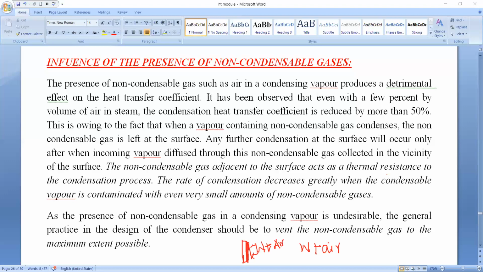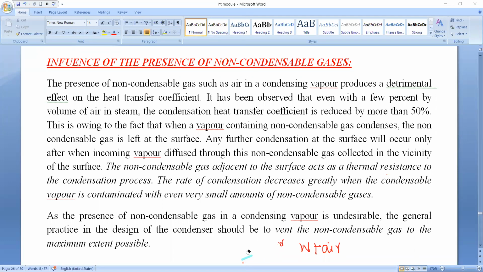As the presence of non-condensable gas in the condensing vapor is undesirable, the general practice in the design of a condenser should be to vent the non-condensable gases to the maximum extent possible. So condensers are designed in such a way that they vent the non-condensable gases as much as possible, to perform the condensation effectively. I hope this is clear.